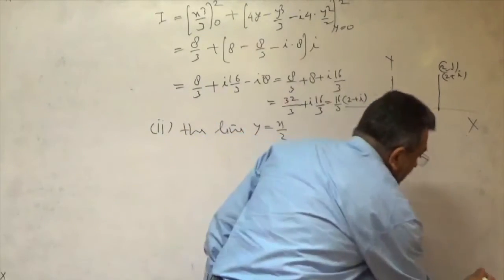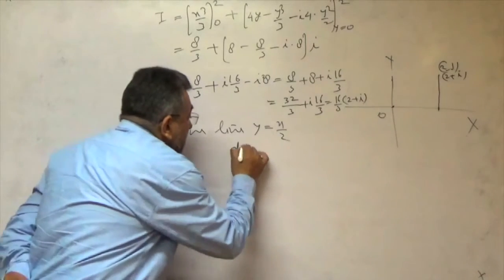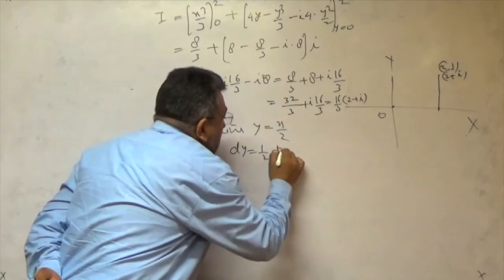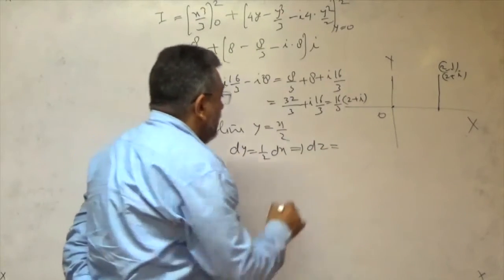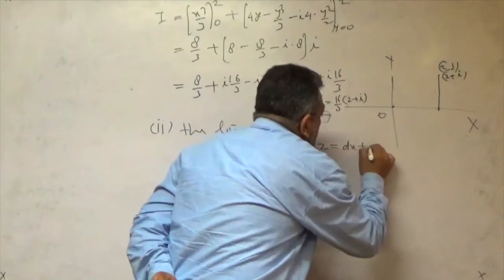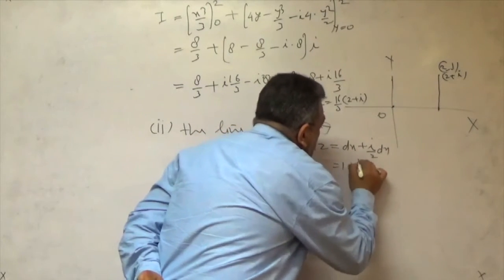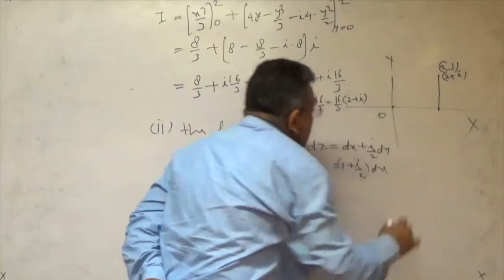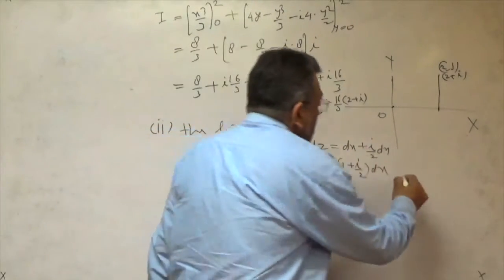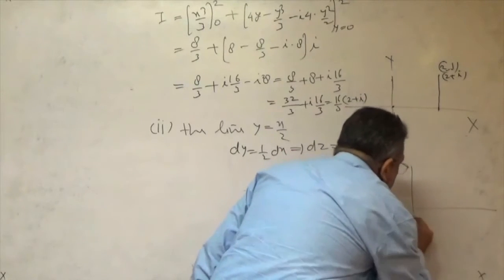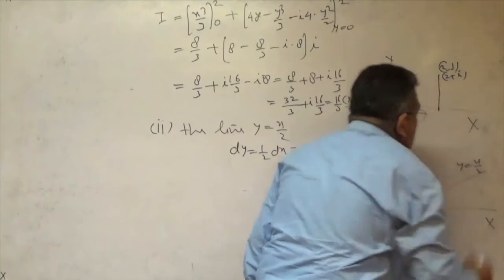Then dy equal to 1 by 2 dx, and this implies that dz equal to dx plus i by 2 dx, that is 1 plus i by 2 dx, meaning integral dz is converted into dx. And this is the path, if we take the z plane, y equal to x by 2.